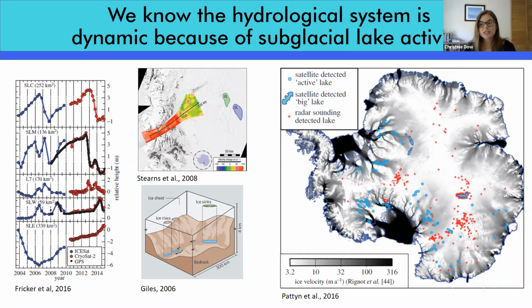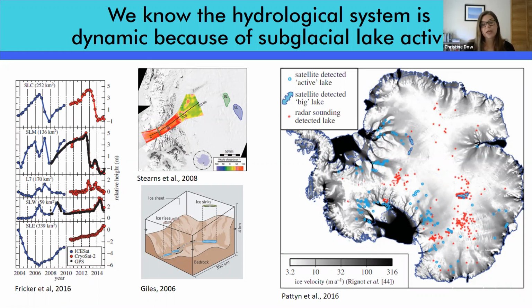And so from this we can tell regions where you have a lot of active lakes, and on the right hand side, anything you see with the blue dot is argued to be an active lake. And so these are tending to be focused in the faster flowing areas, towards the outlets, towards the grounding line of the Antarctic, and so are pretty important in terms of figuring out the dynamics.